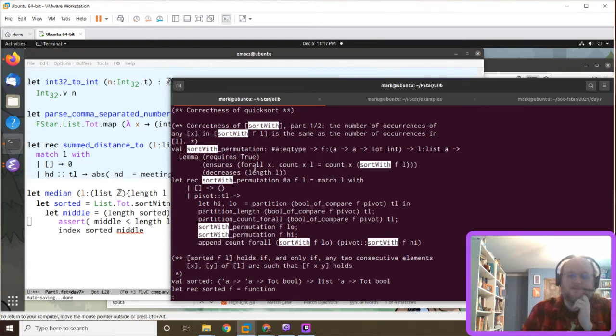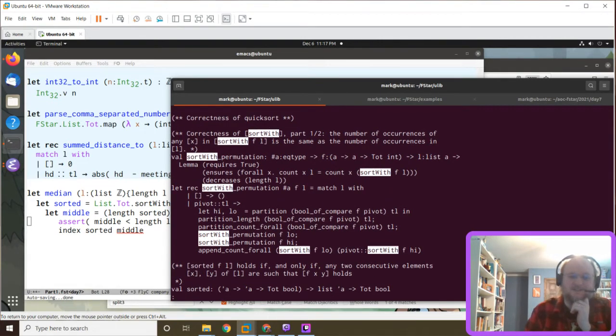Could we use this to prove that the length is always the same? I don't see how. It seems difficult, even though it does fall out as a consequence.